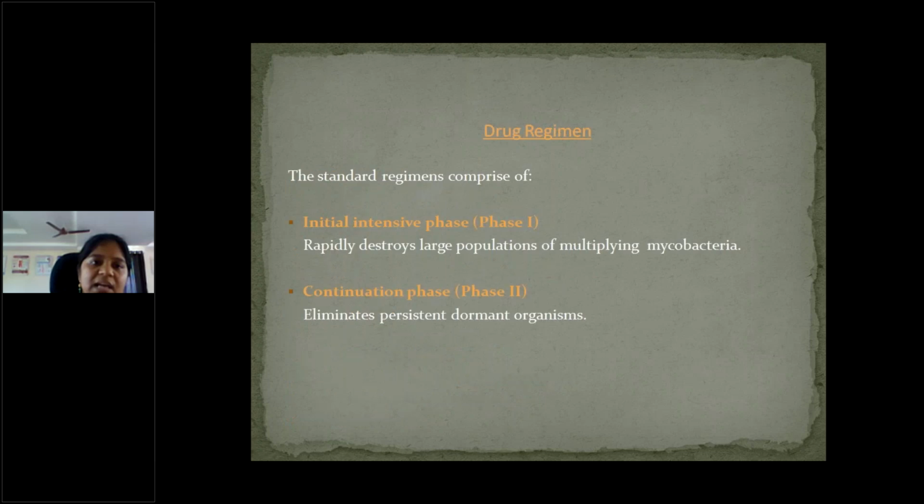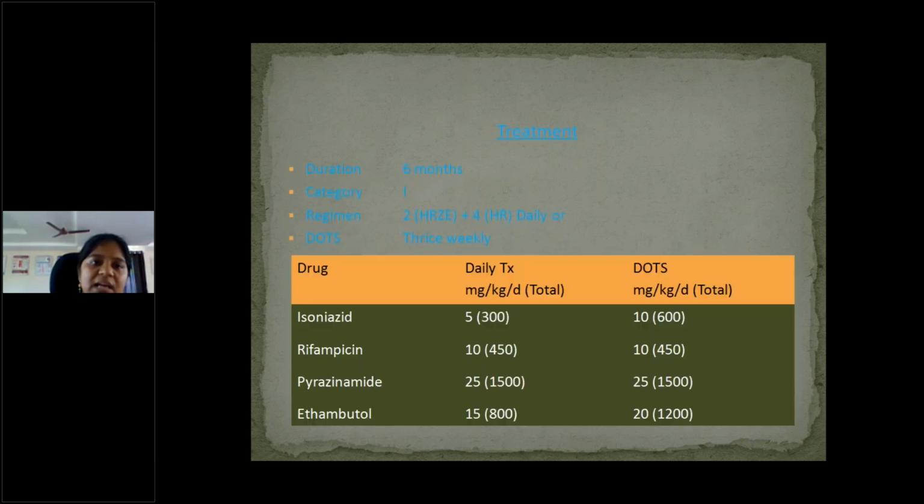Regimens: the standard regimen for cutaneous tuberculosis. I am talking only about cutaneous tuberculosis. There are phase 1 and phase 2. Treatment is for 6 months. Category 1, as you do with pulmonary TB: HRZE, 4 drugs daily or DOTS thrice weekly. The dosage you should remember, not only here but anywhere for your final year, you have to remember mg per kg, not the total doses. So I just mentioned it here.